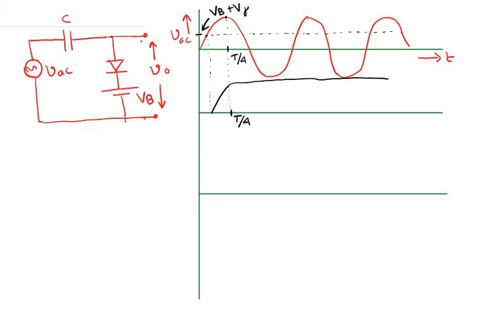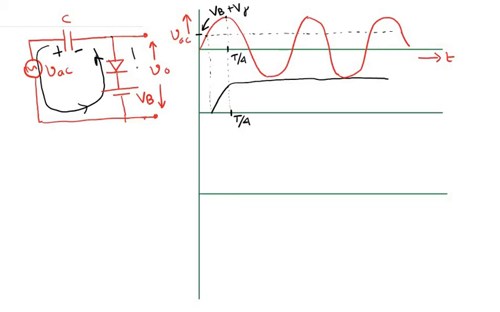To discharge this capacitor, as I said, the capacitor voltage develops a polarity like this, and to discharge the capacitor, a current has to flow in this direction. A current in this direction is not possible because the diode does not allow it.